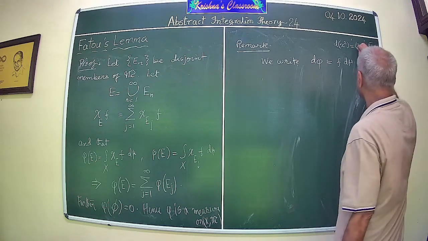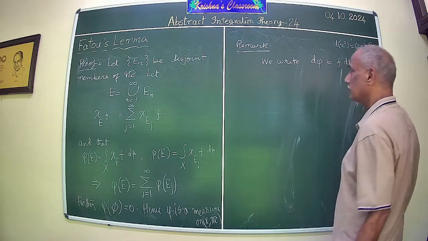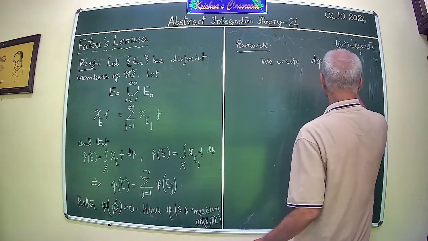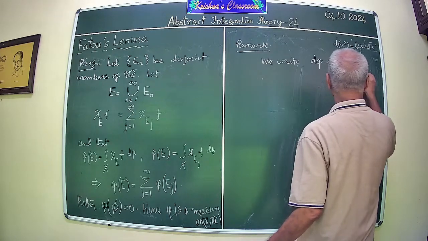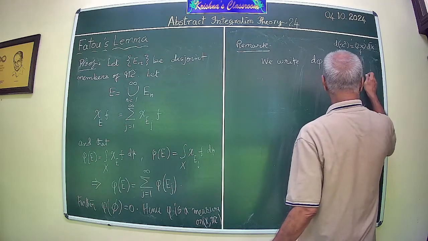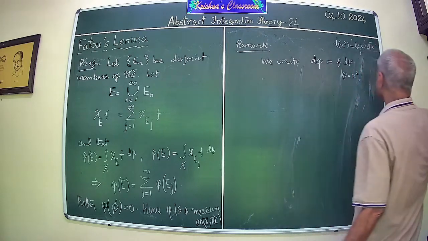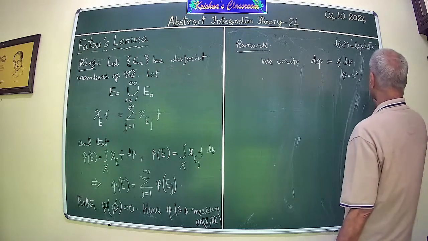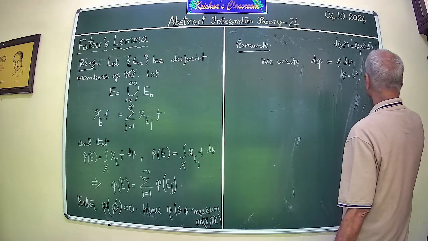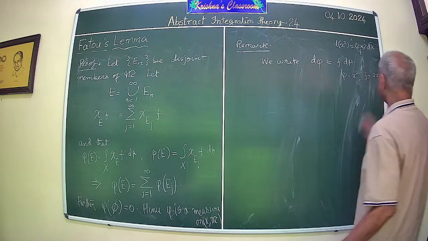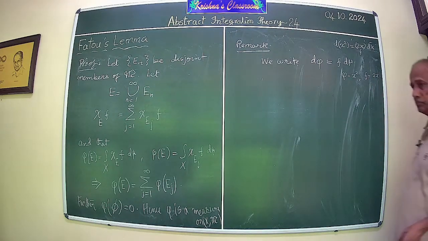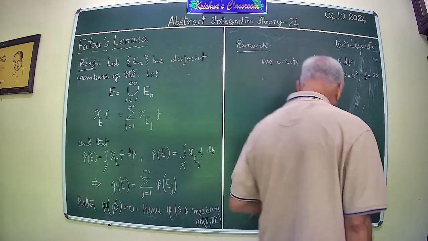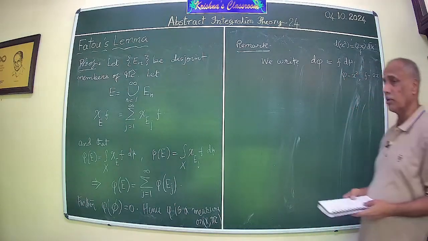So this is your f, this is your phi. Okay. So phi is this. So that's the usual change of variable that we talk about.